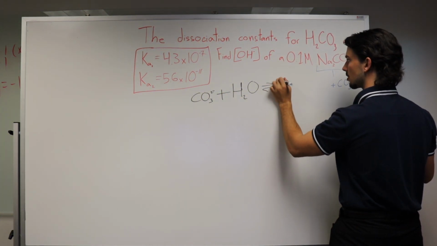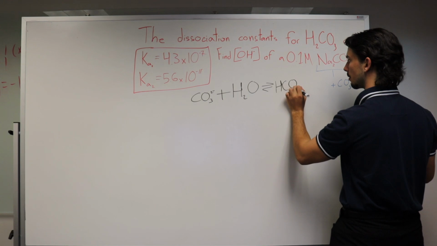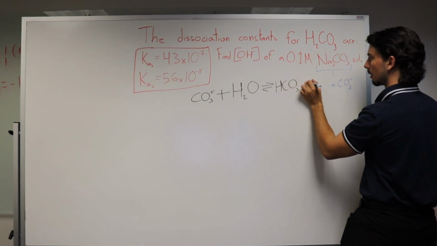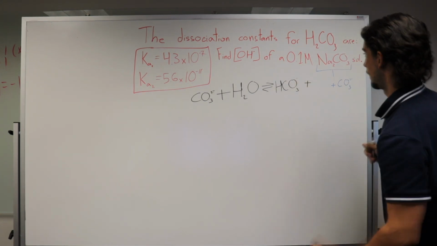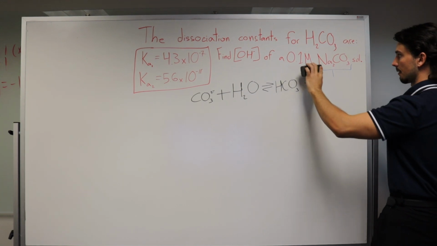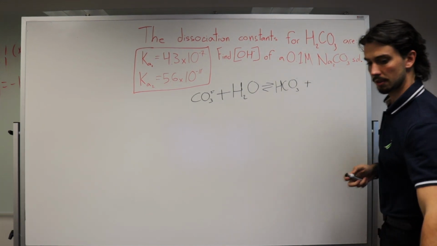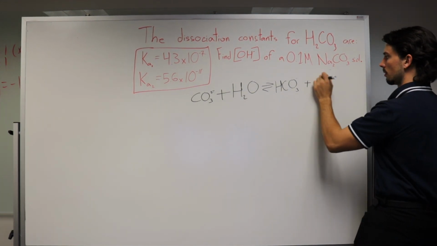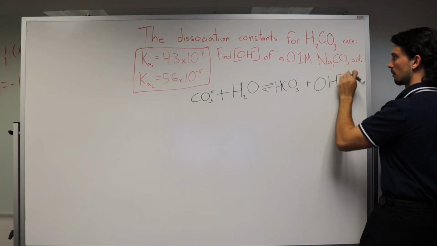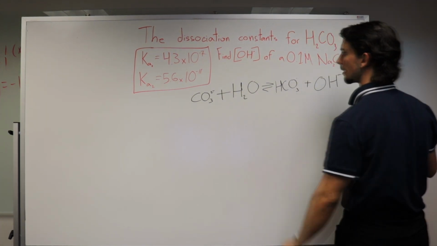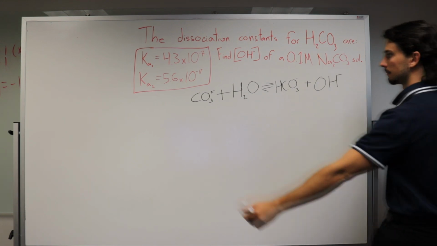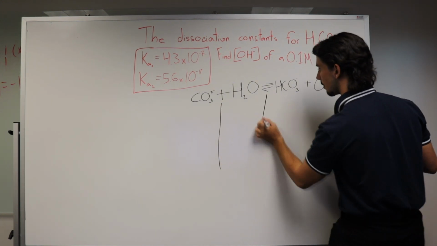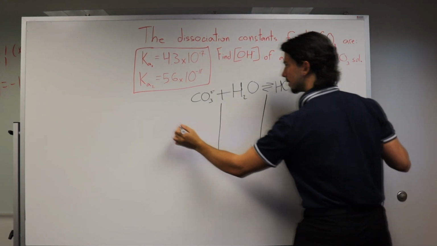That will give us HCO3 minus, plus, let me make room here. If we took one of the hydrogens from that water, that means all that's left is OH minus. Perfect. That's our equation right now. And we'll draw out that ICE chart that we're going to use.